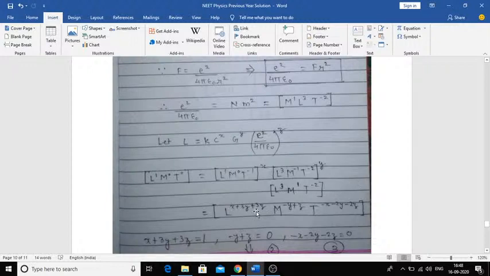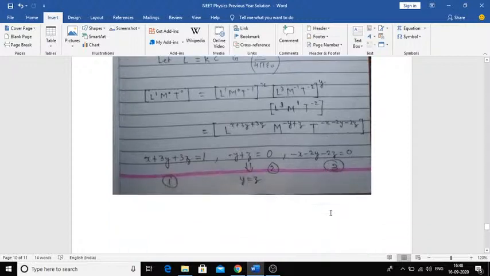So that will give you this. Similarly for M0, x into 0 will be 0. It is minus y and this is z, so minus y plus z. And similarly for T also you will get minus x, minus 2y and minus 2z. Now you can just compare these two sides, LHS and RHS.